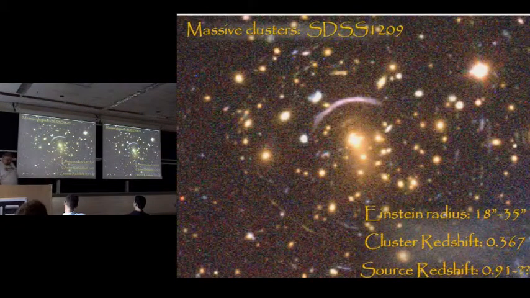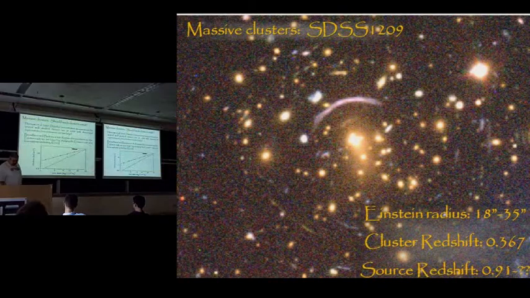This is a recent Gemini pre-image of another one of these systems, from just a few weeks ago. This is the principal reason why we looked at this initially. This is a fairly bright arc. This is a Sloan sample system, and you see it has many other strong lens features. This again is one of these systems where there seems to be too much mass down in the center.